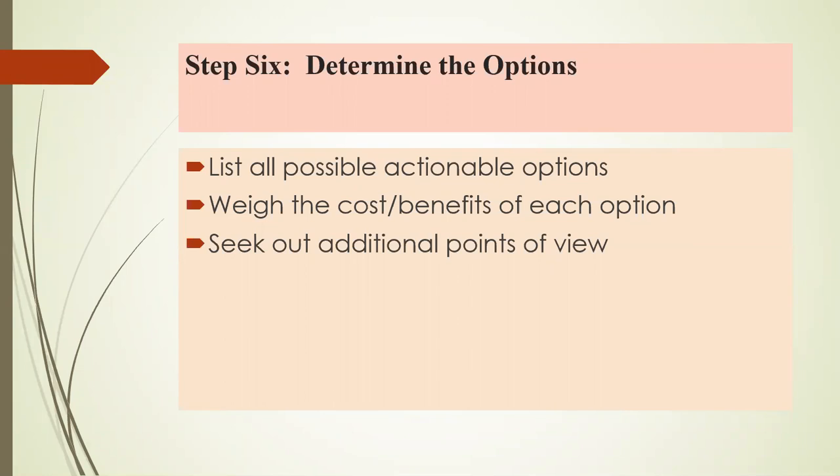That is what we call cost-benefit analysis. How much I need to involve in that option, and what will be the benefits for my organization if I go for it. According to this kind of analysis, or in short, 360-degree analysis, we can select the option and seek out additional points of view.